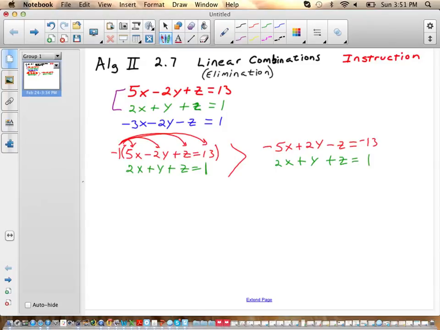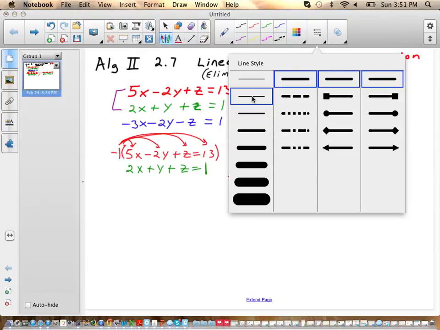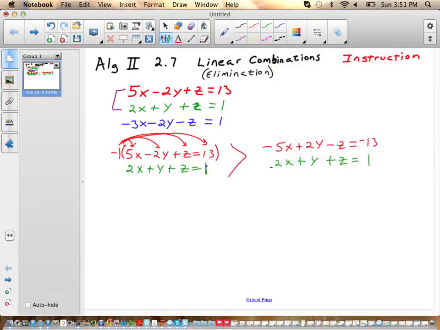Now all I'm going to do is solve this. Negative 3x, because negative 5x plus 2x is negative 3x, plus 2y plus y is 3y. And you can see my z's cancel: a negative and a positive z cancel. So this whole thing is going to equal negative 12.